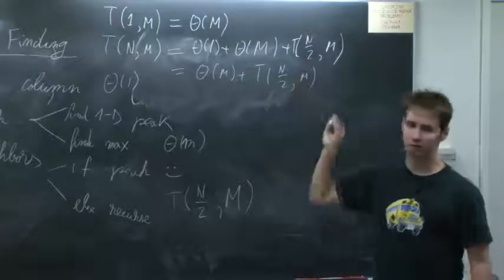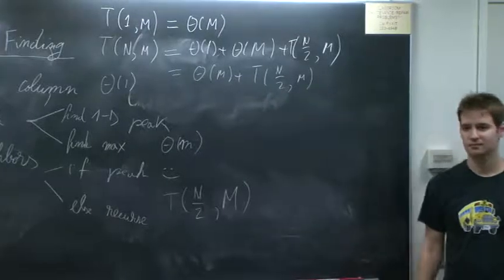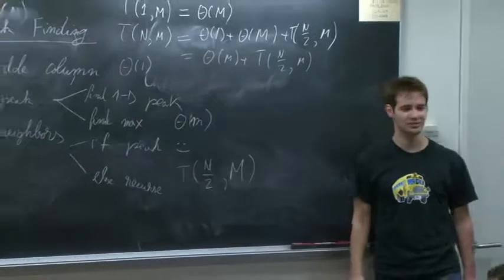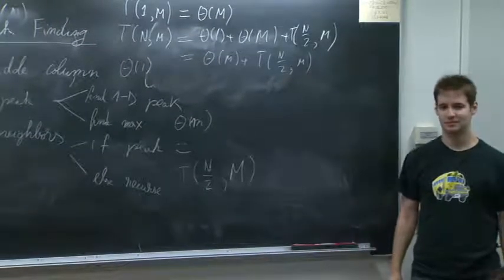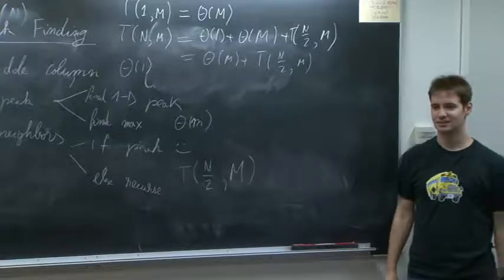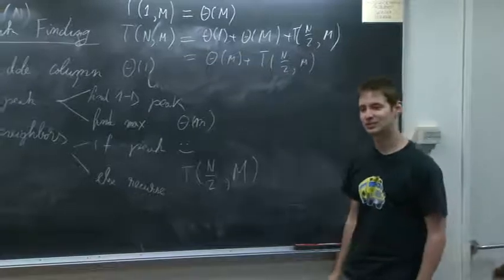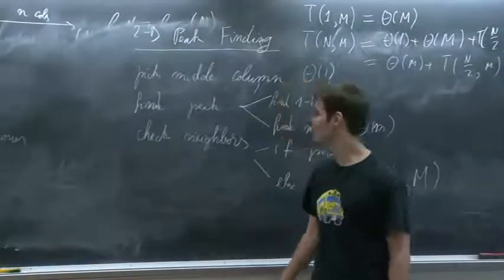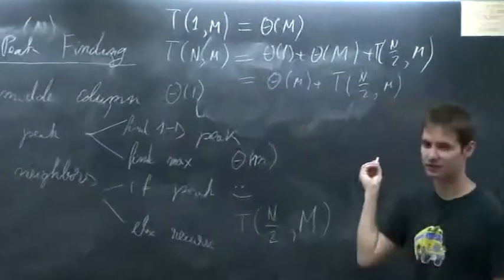How would I solve this recurrence? Come on, guys, this looks familiar. Yes? It's like the recurrence over there. Exactly. M never changes, right? So this is basically a function of n.